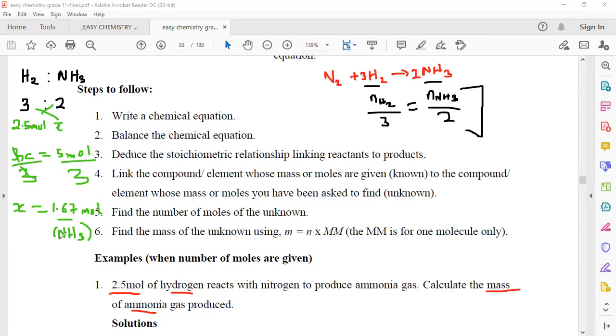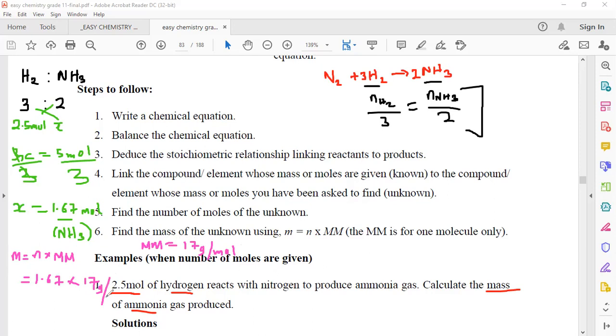Now that we know the moles, how do we link the moles to mass? We know that mass is given by number of moles multiplied by the molar mass. The number of moles is 1.67 multiplied by the molar mass of ammonia, which is 17 grams per mole.